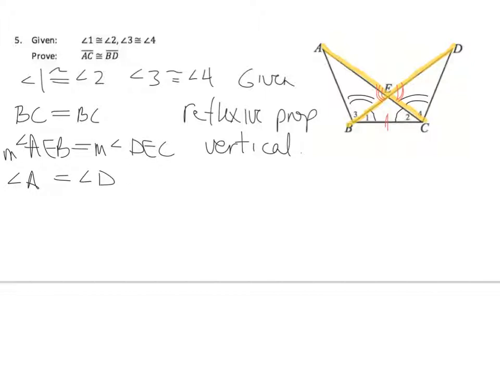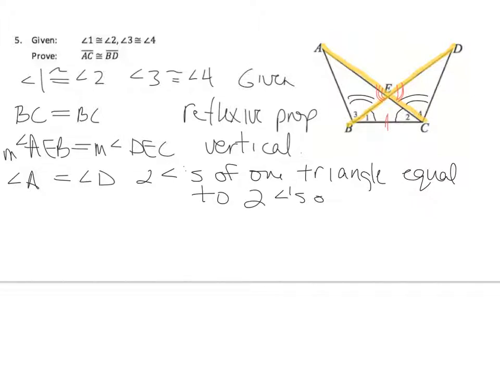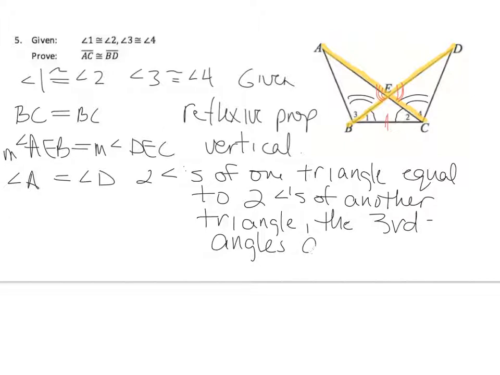And work with me on the reasoning here. If I have two angles of one triangle equal to two angles of another triangle, the third angles are equal.